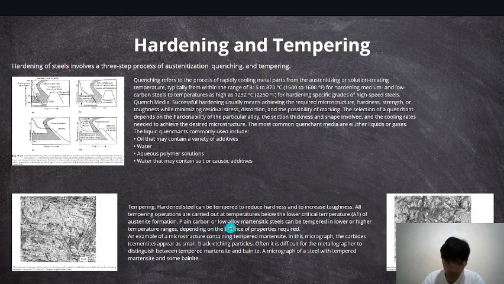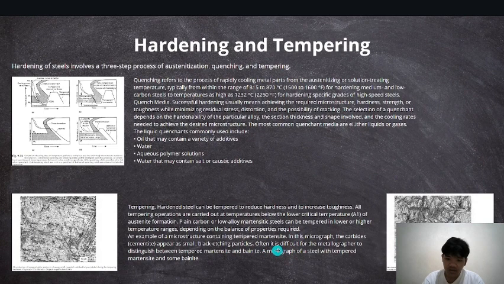Carbon or low alloy austenitic steels can be tempered in lower or higher temperature ranges, depending on the balance of properties required. An example of a microstructure containing tempered martensite: in the micrograph, the carbides or cementite appear as small black etching particles.